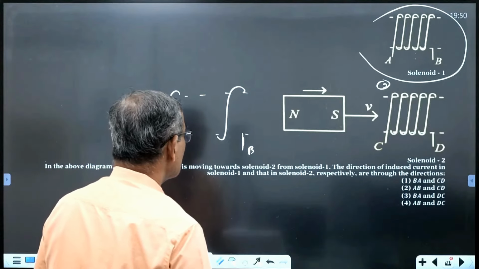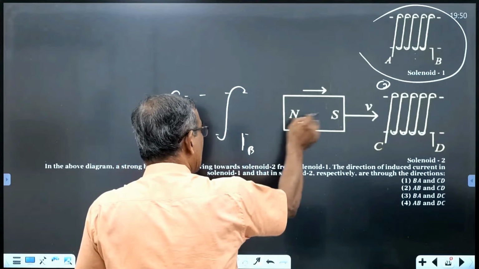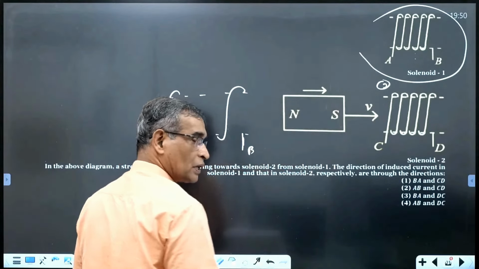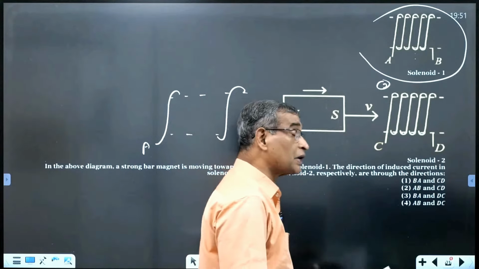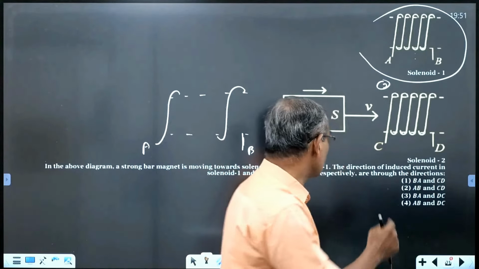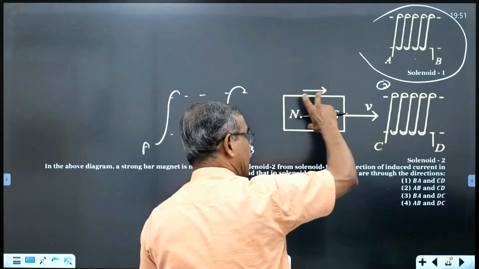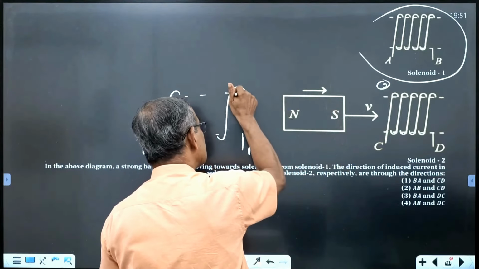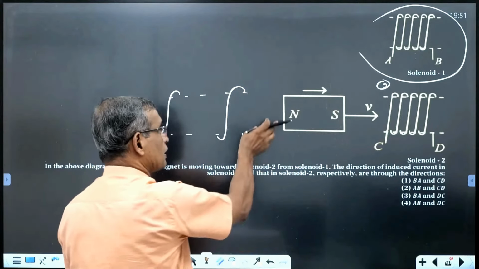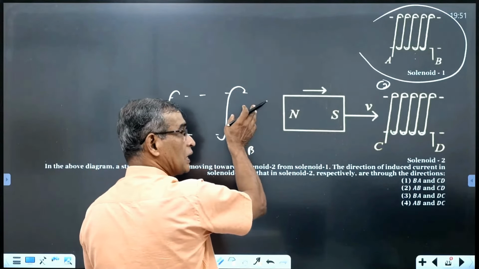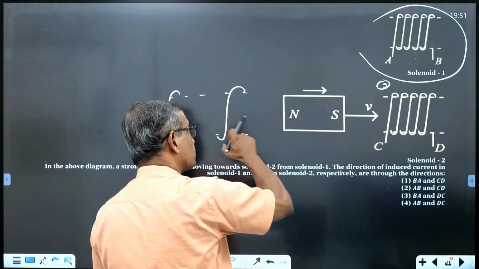Look at this solenoid. As far as this solenoid is concerned, you can see that the north pole is moving away, and the observer is the magnet, so the magnet has to look back to the solenoid. In that case, as the north pole is moving away, by the electromagnetic induction principle, this tries to prevent the motion of the north pole away from this pole.